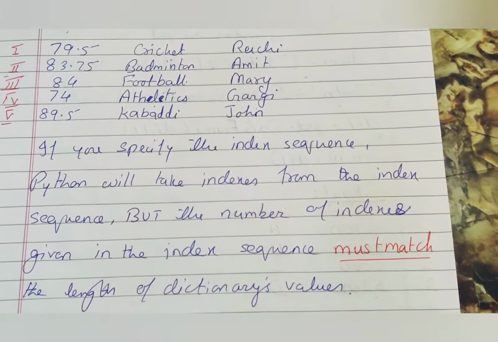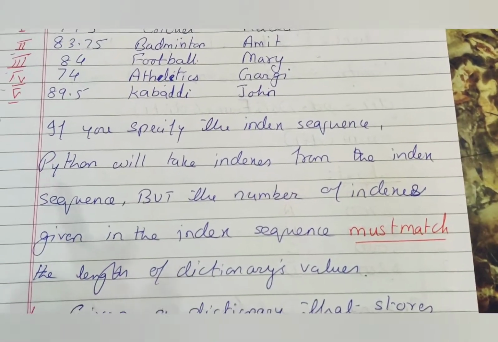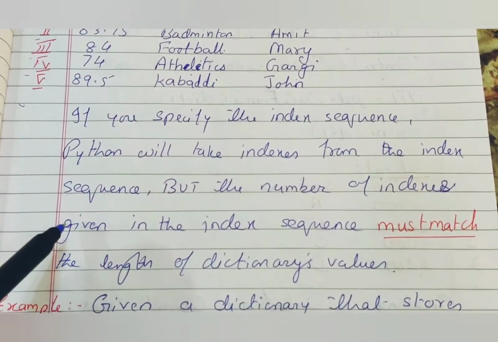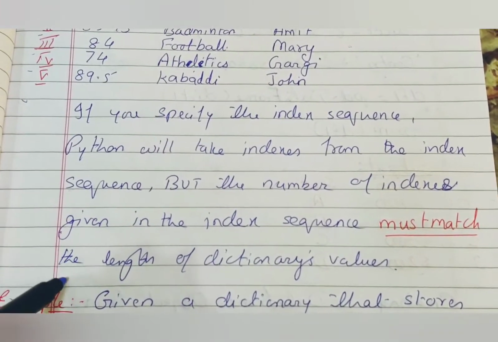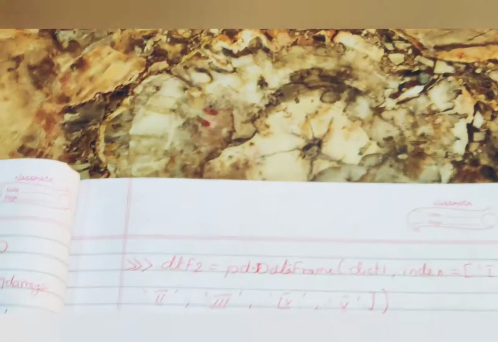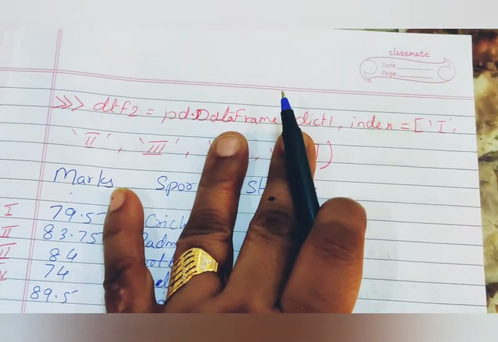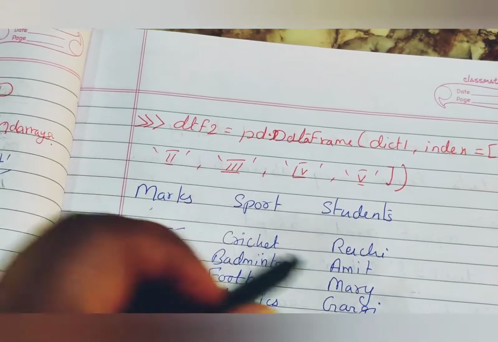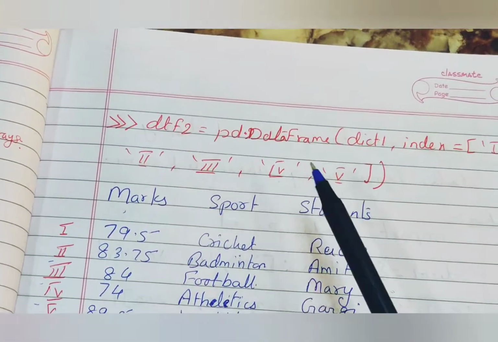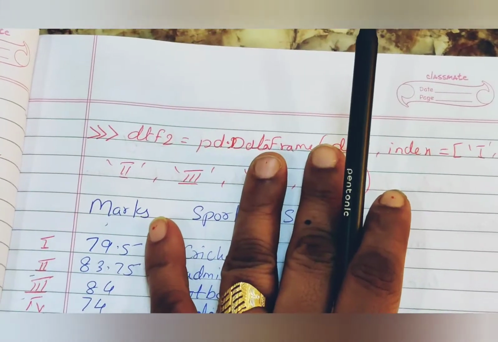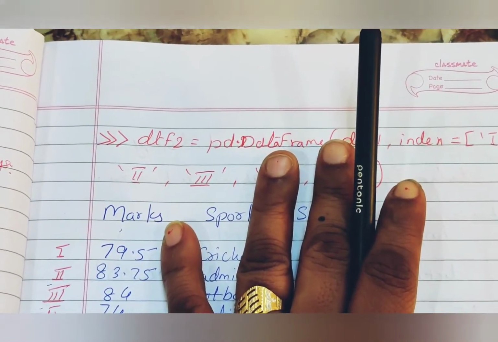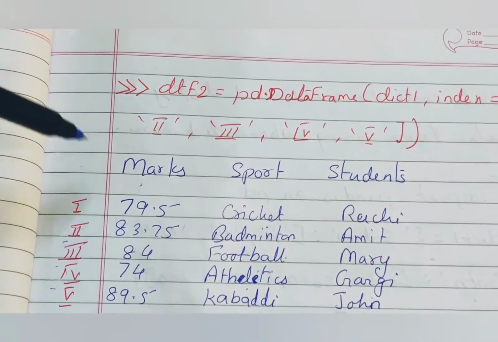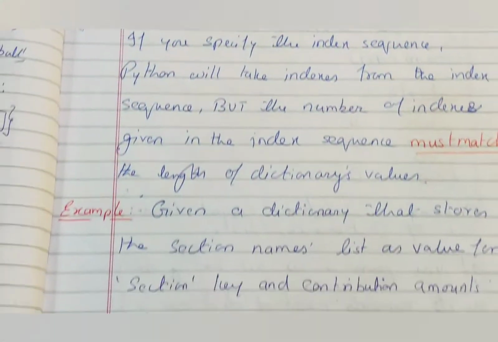If you specify the index sequence, Python will take indexes from the index sequence, but the number of indexes given in the index sequence must match the length of the dictionary's values. Suppose you have given only 1, 2, 3, it will not print because there are 5 elements, 5 rows, and you are giving only 3 index values, so it will not match. That will create an error. Okay.